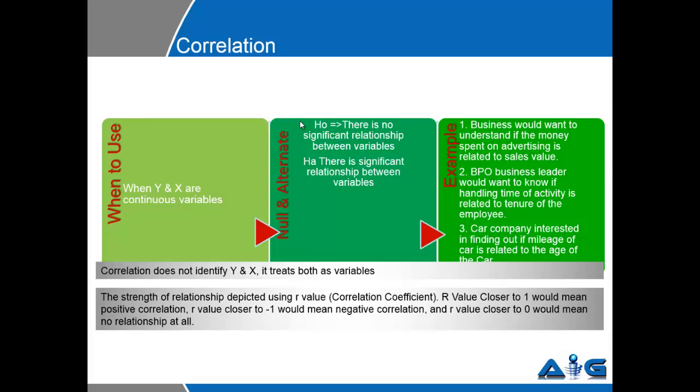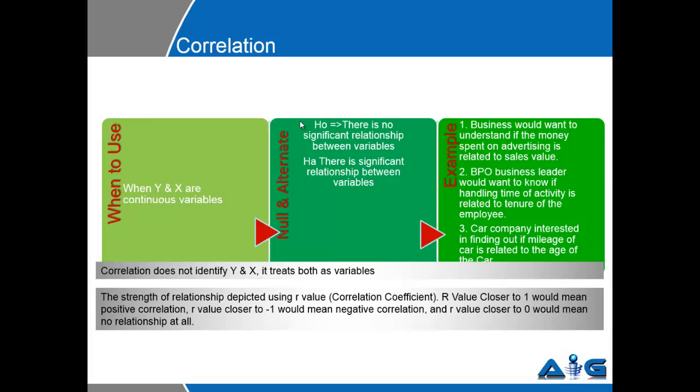Typical examples could be, you would want to understand whether the amount of money being spent on advertisement has any impact on sales or not. You would want to understand, as a BPO leader, if the handling time of a particular activity has something to do with the tenure of the employee. Mileage of the car related to the age of the car. All this could be tested using a correlation test.